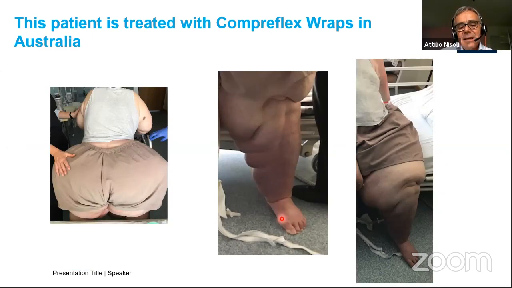So it is a mixture of lymph and lipedema, because in a typical lymphedema we have the swelling, foot included, but with the typical lipedema, we have the swelling on the limb, but the foot normally is unaffected.